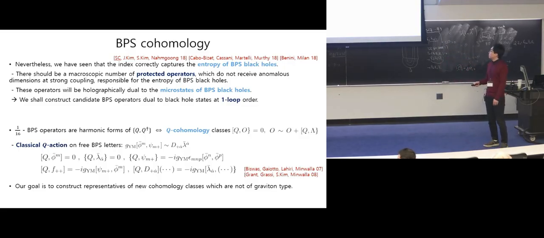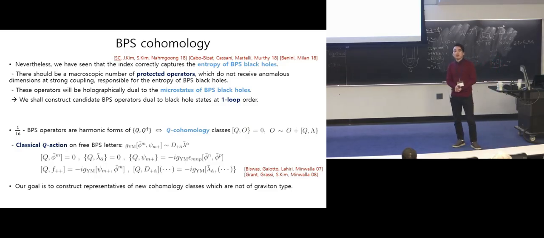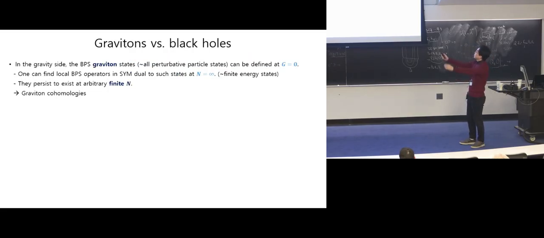So what is the cohomology? Okay, before going into the detail, any questions about this setup? Of course, you may have already heard about this setup many times today. Okay, so graviton type operators can be constructed in the following way. On the gravity side, consider the BPS graviton state.